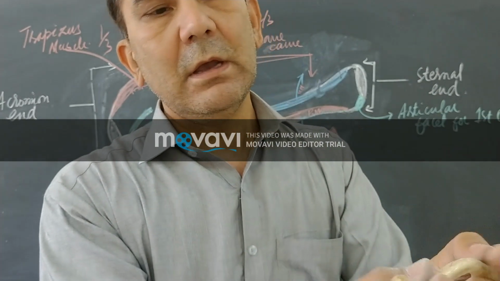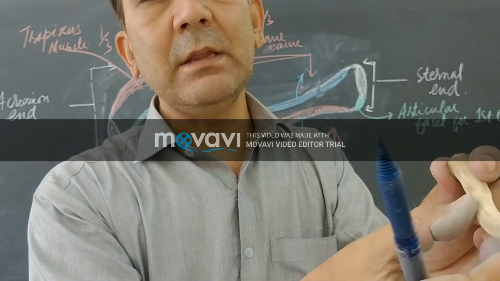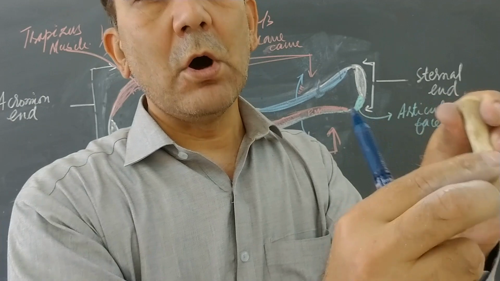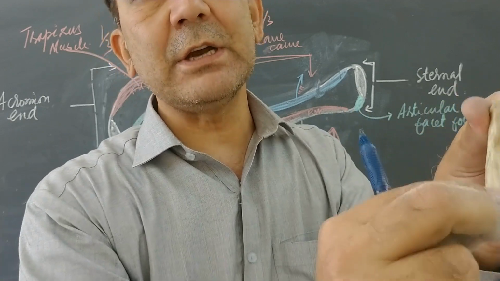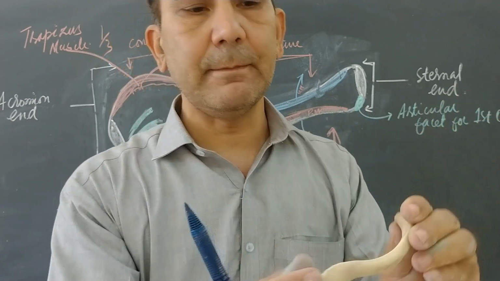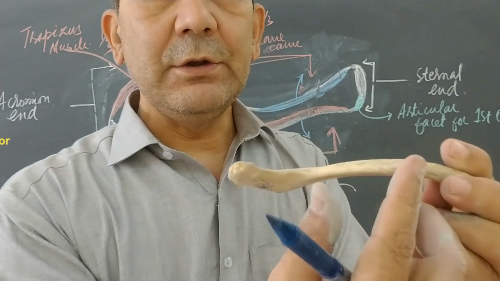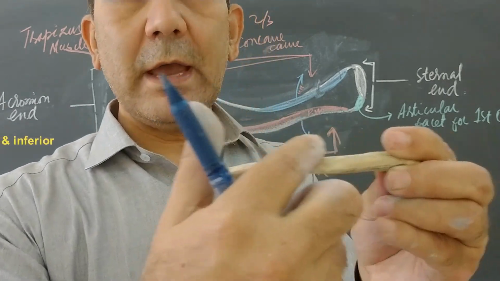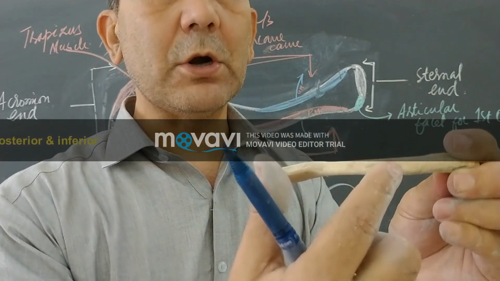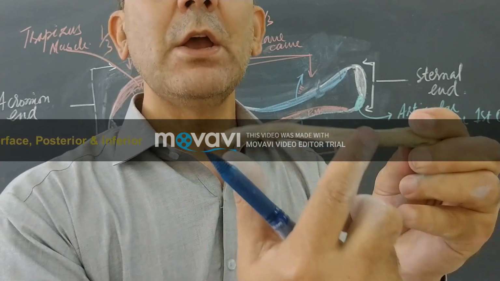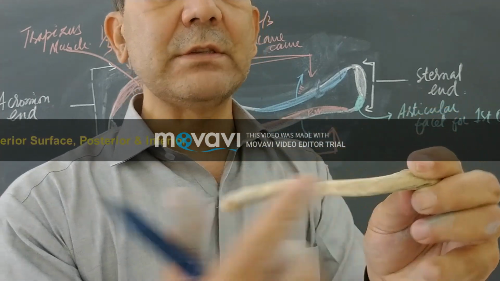Between the anterior border and the posterior border is a surface. This is called the inferior surface. Between the anterior border and the superior border, the surface is called the anterior surface.